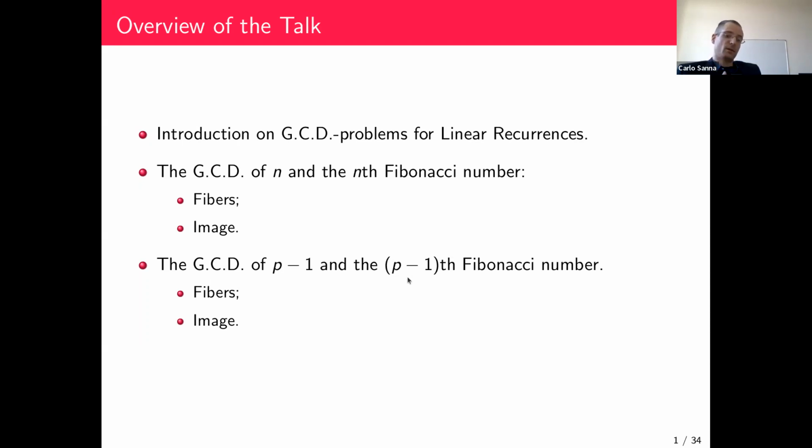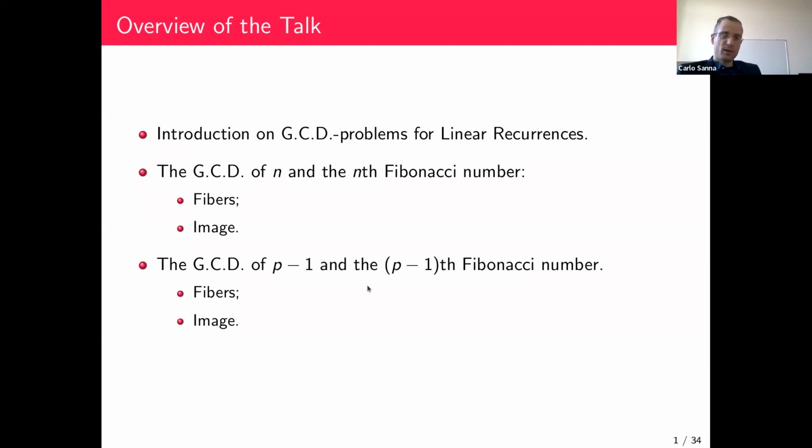And again, this can be divided into two themes, the one of the fibers and the one of the image. And this is not only a variation of the previous problem, but is also related in some way, which I'll clarify later. By the way, if you at some point have any question, feel free to interrupt me or write in the chat, and I'll try to answer them.